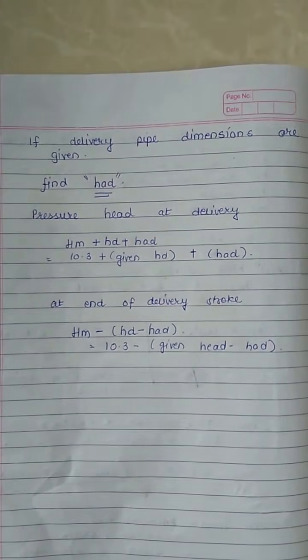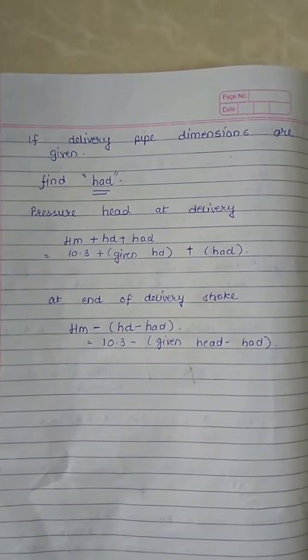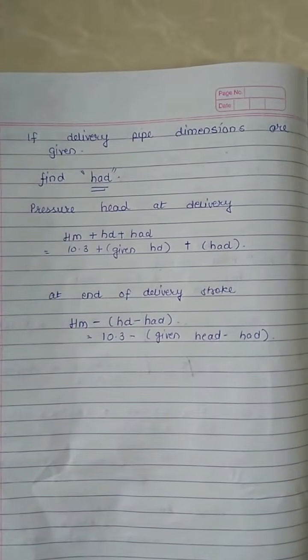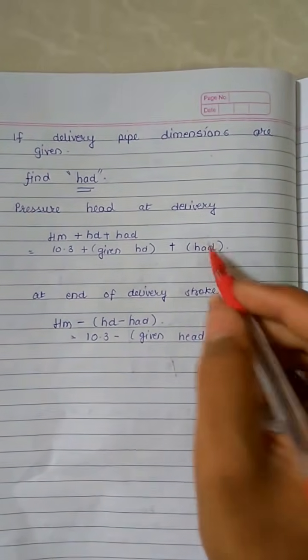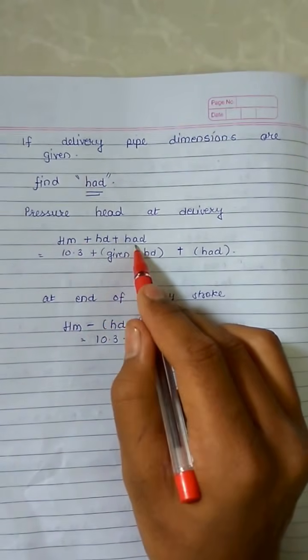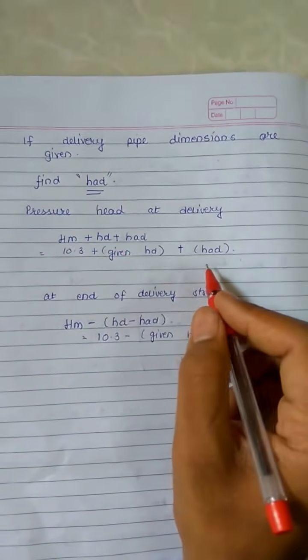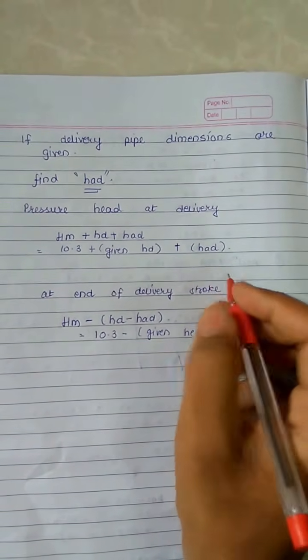In the same numerical, if the delivery pipe dimensions are given, we again find out HAD, that is the accelerating head at the delivery, and to find out the pressure head at the beginning and ending of the delivery stroke, we take H atmosphere plus HD plus HAD. Now we know why, because delivery is above the atmosphere and suction is below the atmosphere.